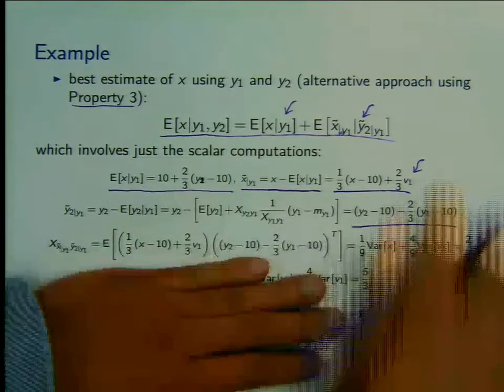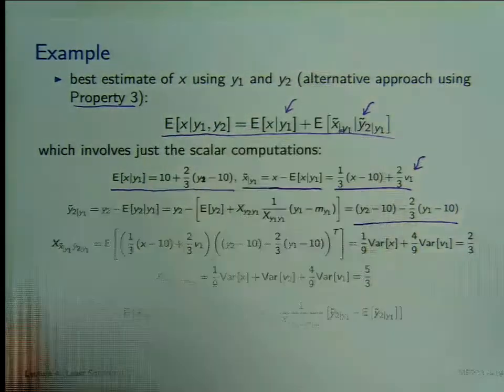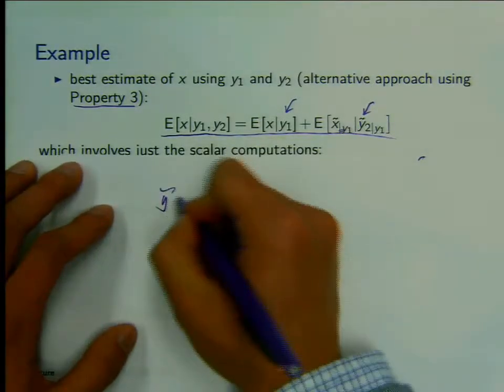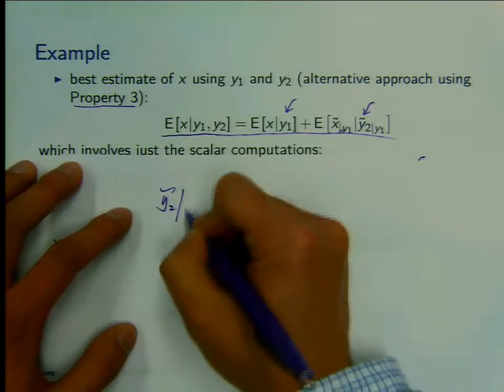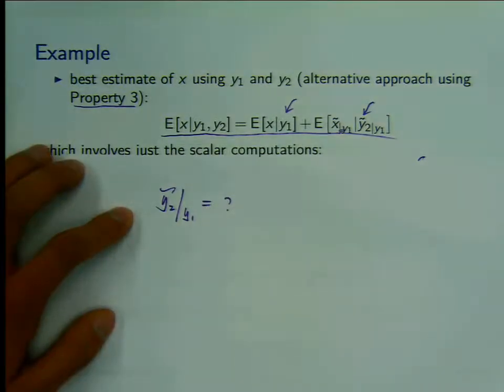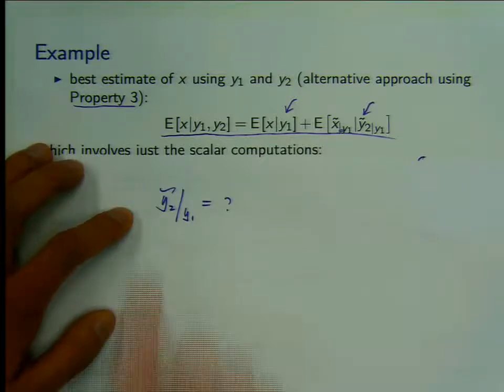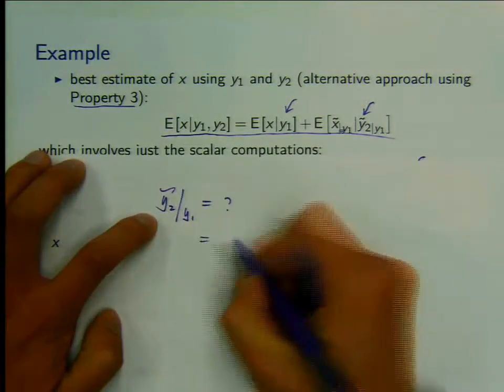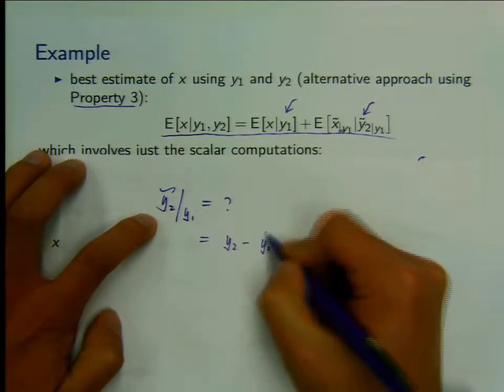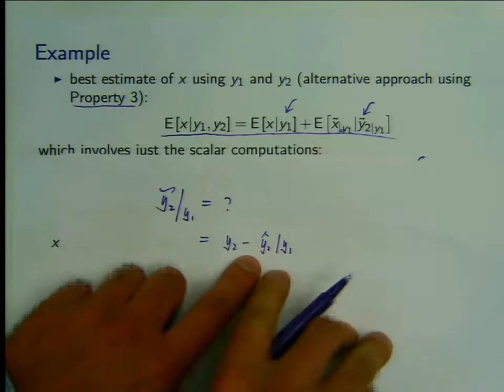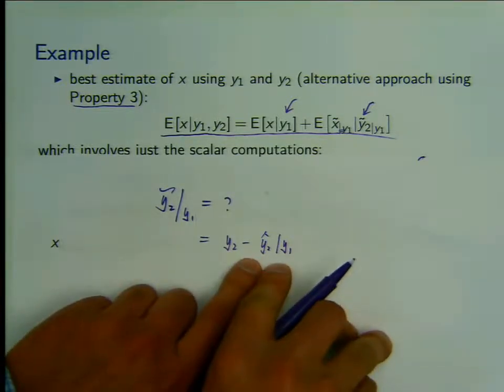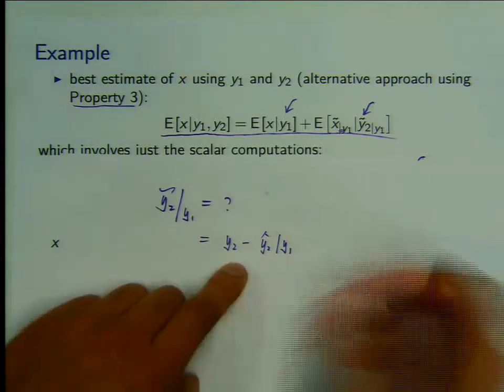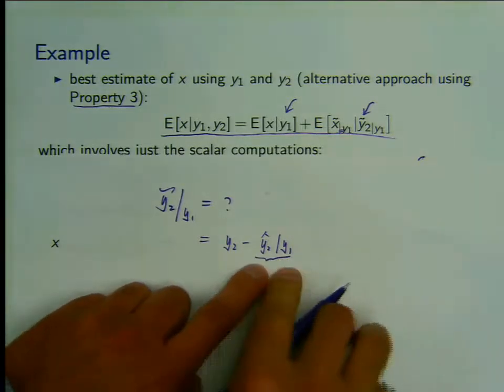Okay? To obtain this, how do we obtain y2 tilde given y1? It's the conditional, the definition is like y2 minus y2 hat given y1. And this is a conditional expectation. So I'm asking how do we obtain this guy?